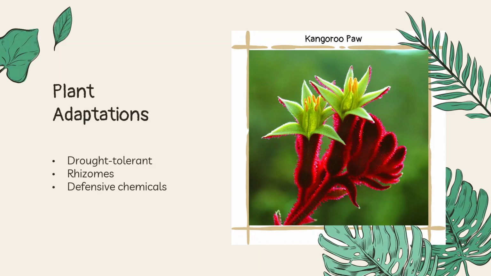Another limiting factor for trees here is frequent fires. Trees are often vulnerable just before the wet season because they grow new leaves and are already quite stressed. So an intense fire could be too much for them. To help protect against this, mature trees have very thick bark to protect against the fire.